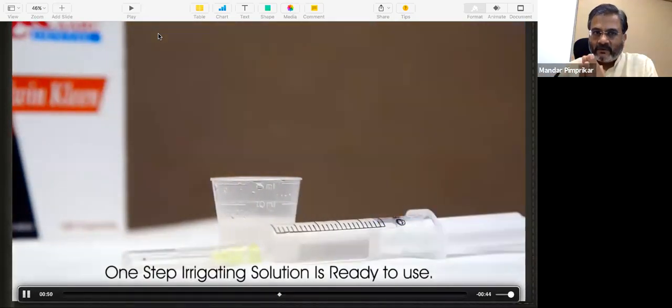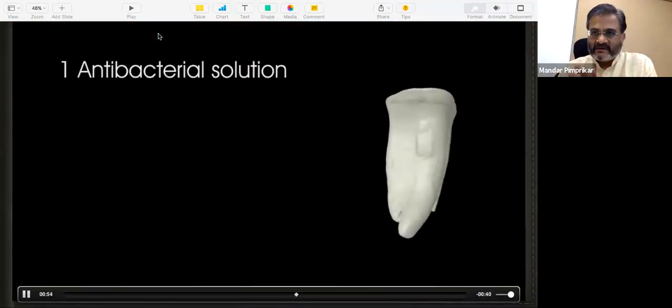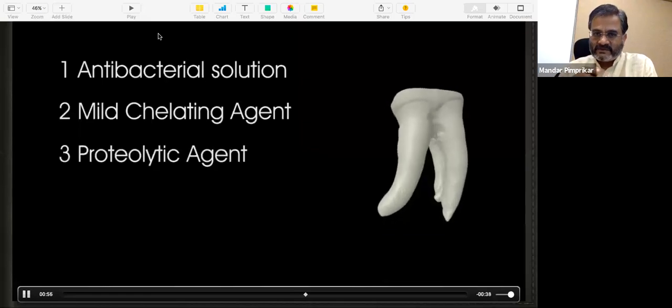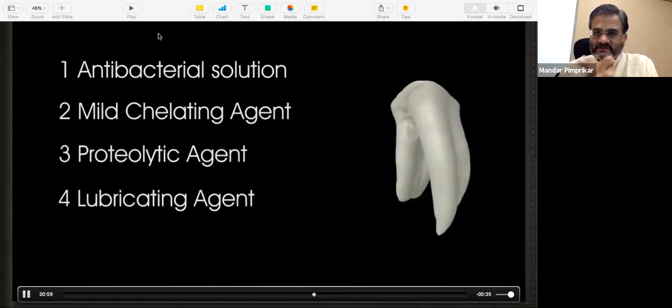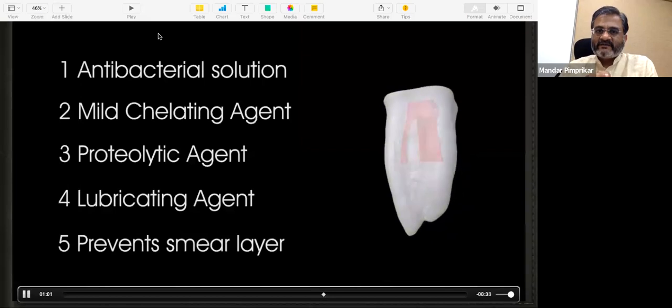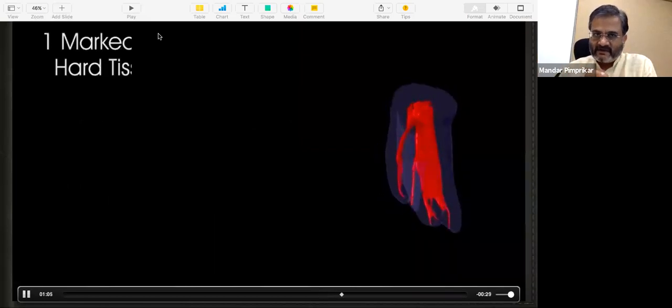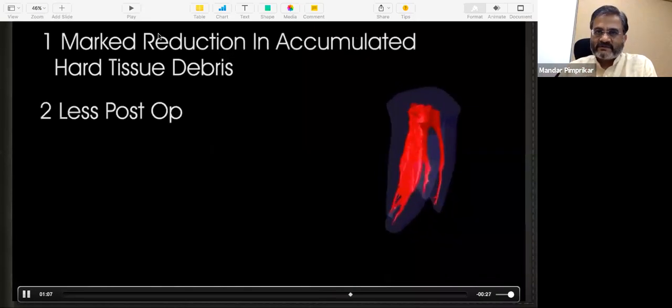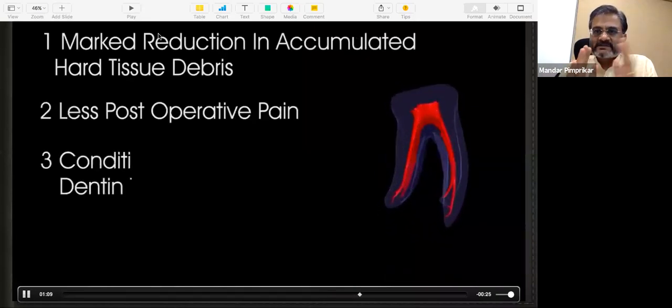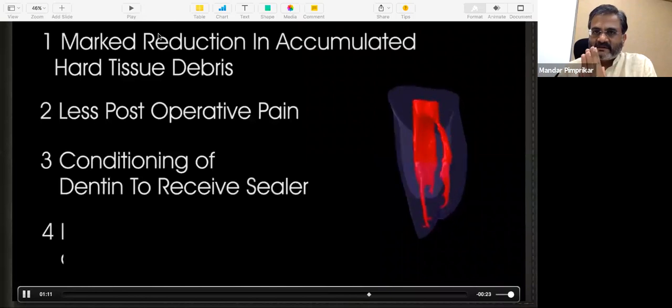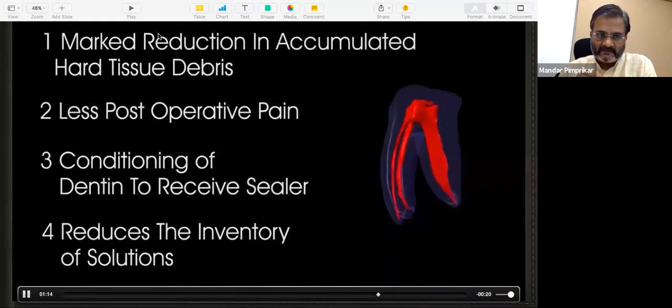So what I thought was, why not have a one-step irrigation solution instead of having multiple solutions to use which react negatively with each other. Why not have one solution which will serve all the purposes of an ideal irrigant?